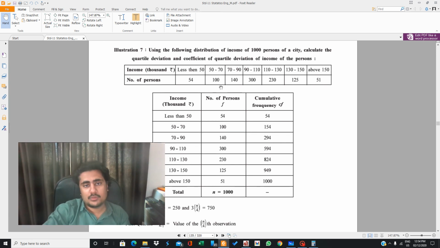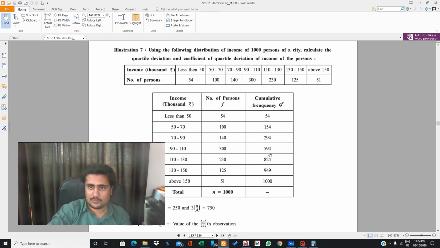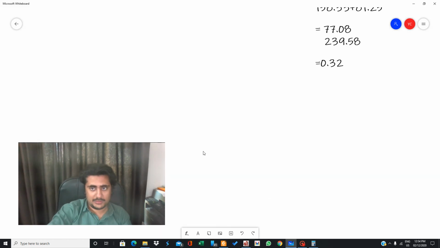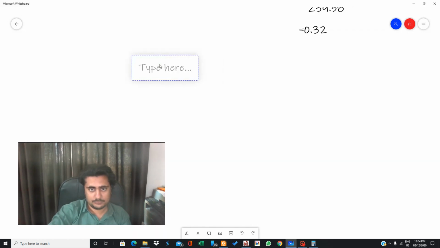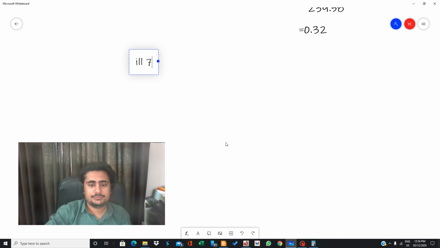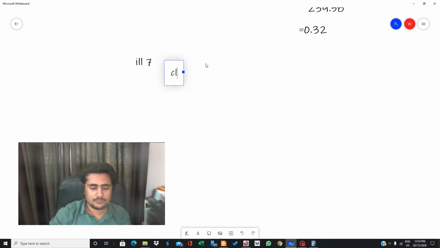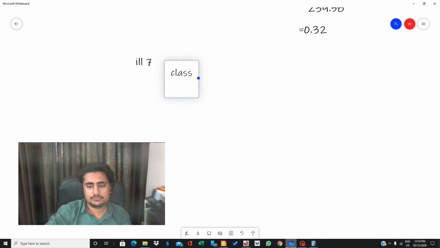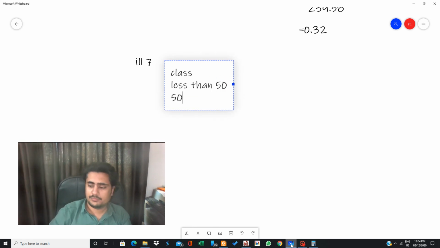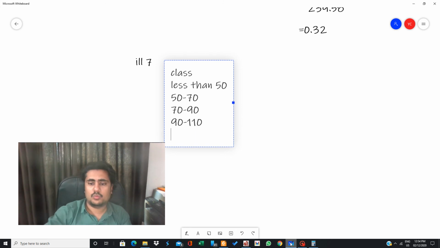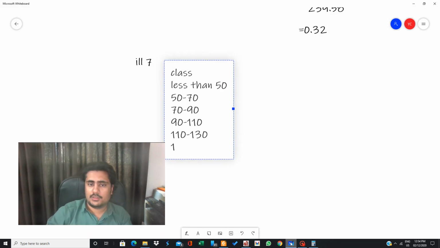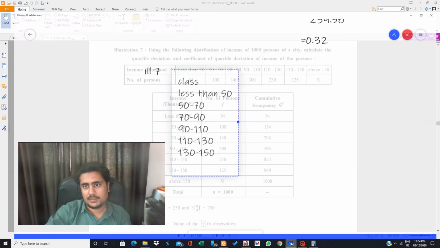Income in 1000 rupees: less than 50, 50 to 70, 70 to 90, 90 to 110, 110 to 150, and above 150.